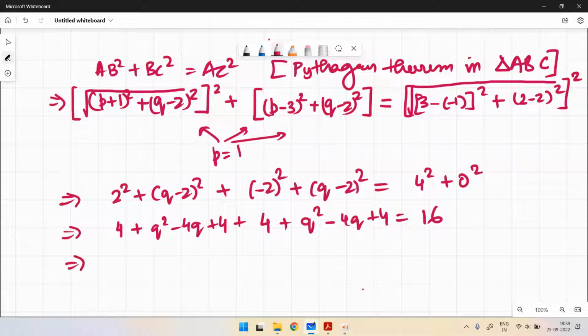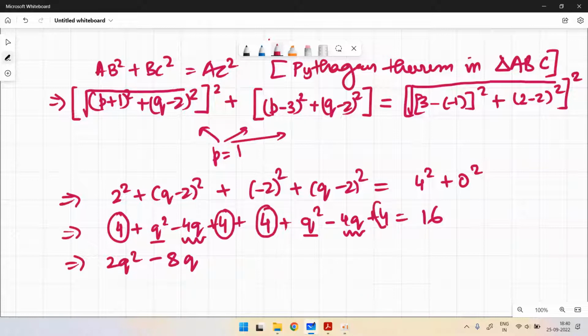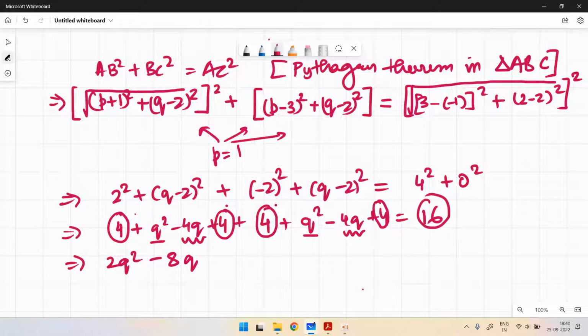Now this is Q square and Q square, so this is 2Q square, and this is minus 8Q, and the constants are 4 plus 4, 8, 4 plus 4 plus 8 is 16, and 16 minus 16 is ultimately 0, equal to 0.